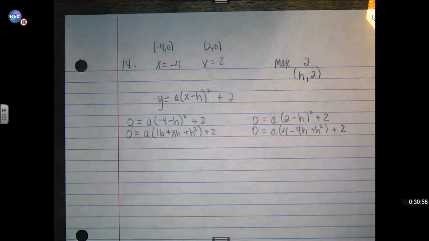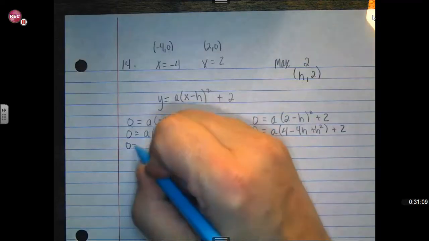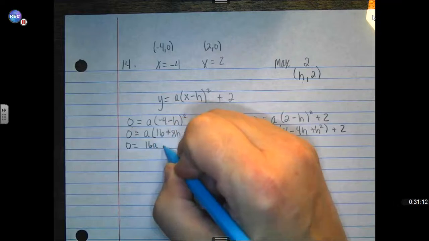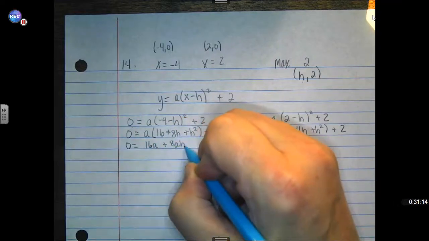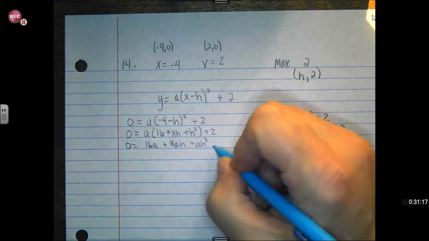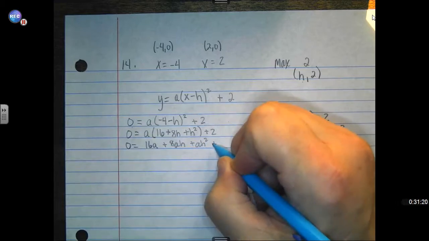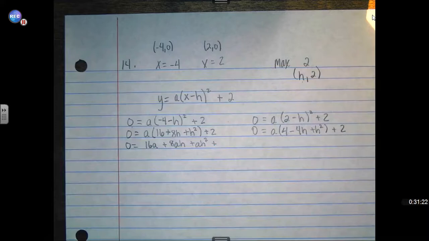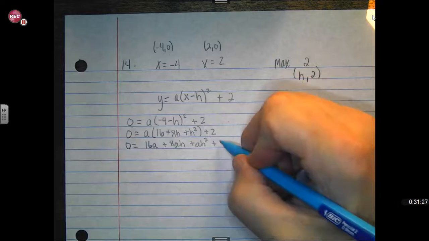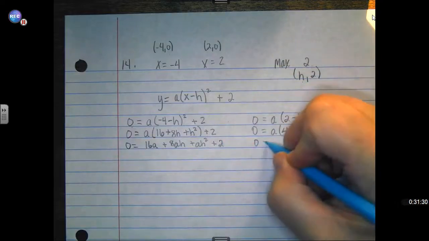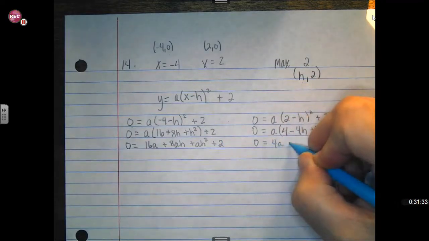Okay? And I am going to set them equal to each other. 16A plus 8AH plus AH squared... this is really getting me nowhere. I don't have a good feeling about this.